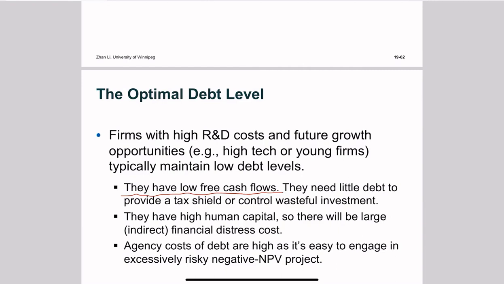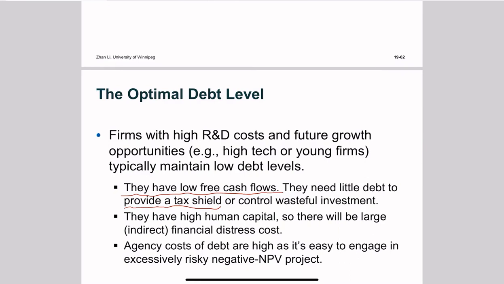So they have low free cash flows. This basically means they don't need debt to provide a tax shield or control wasteful investment, right? So the first statement, provide a tax shield, refers to the benefit from the interest tax shield.